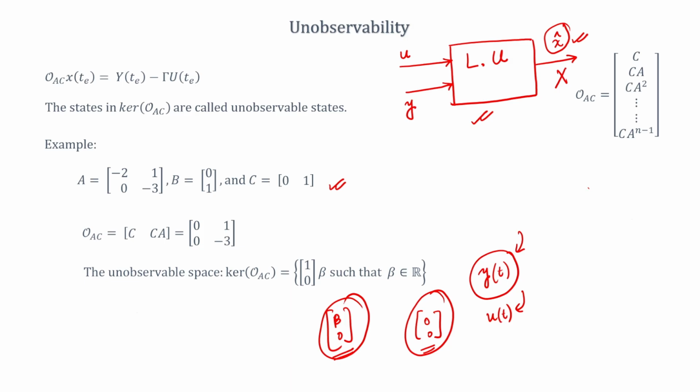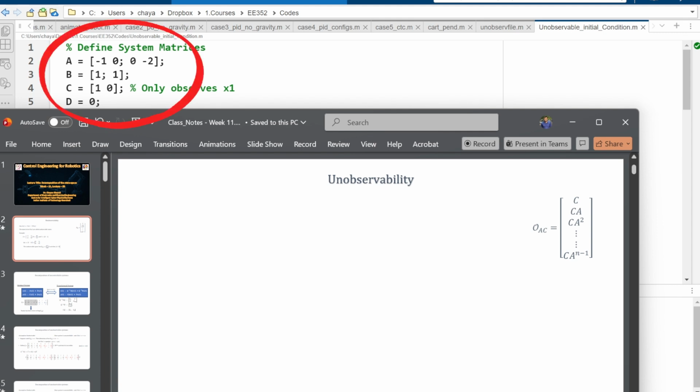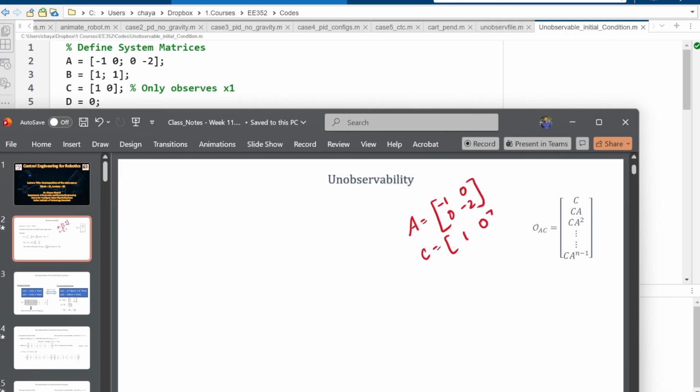We have seen such an example in one of the lectures earlier itself. Let me go back to that example. If I take this example, you see that A in this case is a diagonal matrix of this form and C is 1 0, which means the observability matrix in this case will come out to be C and CA will be -1 0, right?